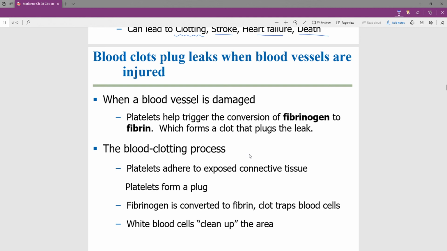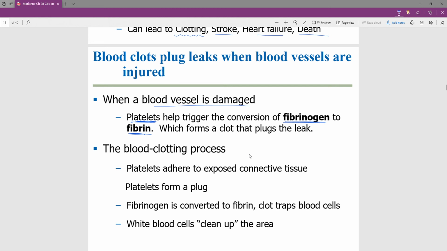When a blood vessel is damaged, we have a few key things that happen. We have platelets. Remember I said that they were kind of part of the cellular component of blood? They're going to help convert fibrinogen to fibrin. Do you remember in the digestive system we had pepsinogen becoming pepsin? It was that activation of an enzyme.